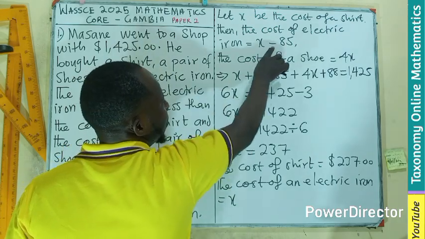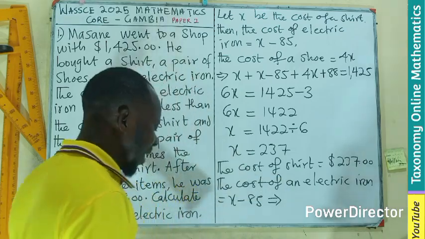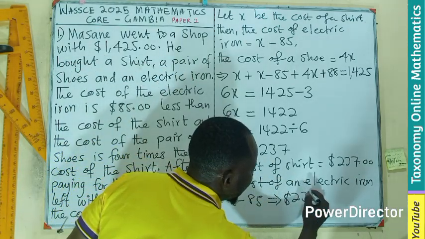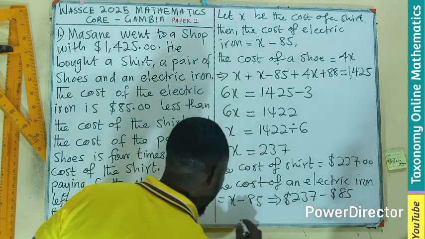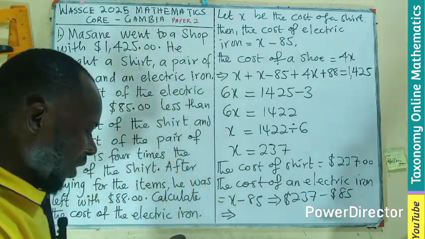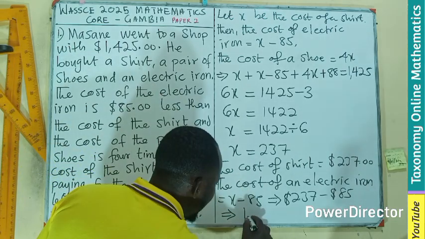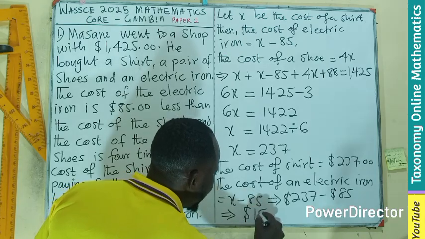X minus what? 85. That means that we are going to have $237 minus $85, and that will give us $152.